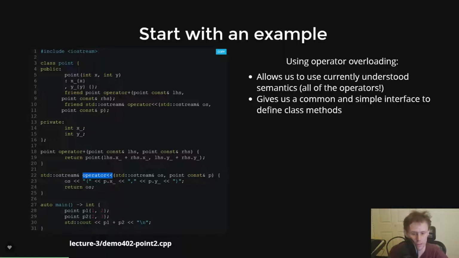And what I want you to think about is what the C++ compiler actually does implicitly without you realizing. When you give it an expression like P1 plus P2, and it evaluates that, the compiler goes and looks through its bank of libraries, maybe STL libraries, maybe ones you've defined in the source code, and it says, do I have any functions that take in two points that are an operator plus?